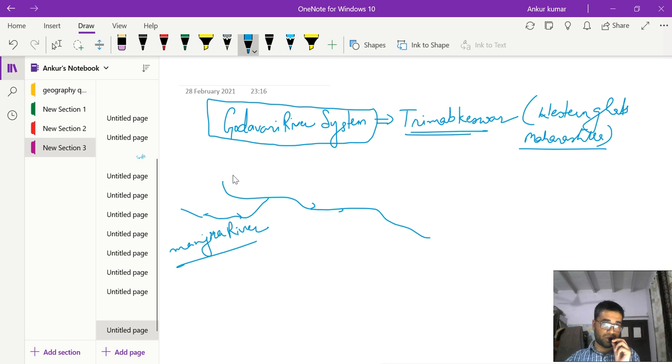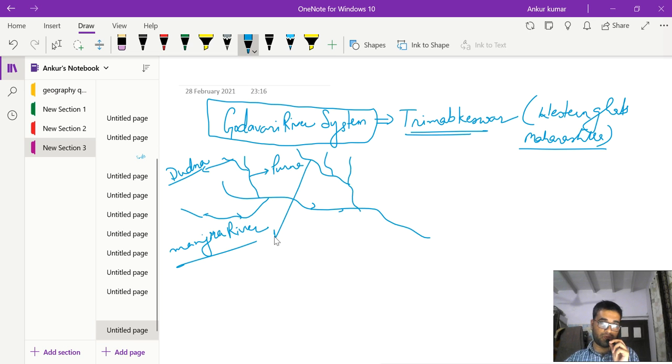Here is Dudhna, and this is Purna. After that you have here the Pen Ganga, here Wardha, and here Wainganga.